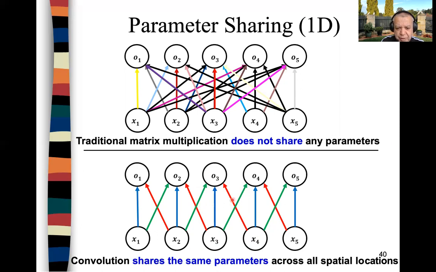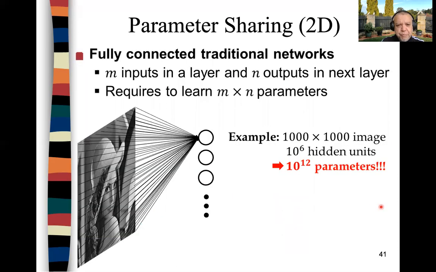So you have only 3 parameters here. The same thing for this one. It has the same weights, and that's why they're colored the same way. This parameter sharing also helps in the computational cost, of course.